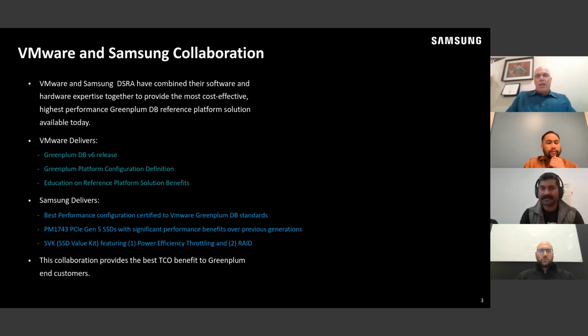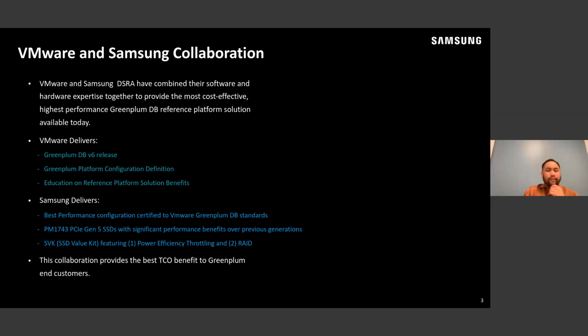And so we decided, why not put our heads together and collaborate on an initiative that will enable the VMware Greenplum customer community and ecosystem with better performance and better total cost of ownership through Samsung technologies.